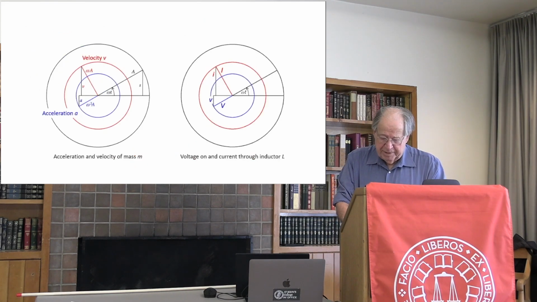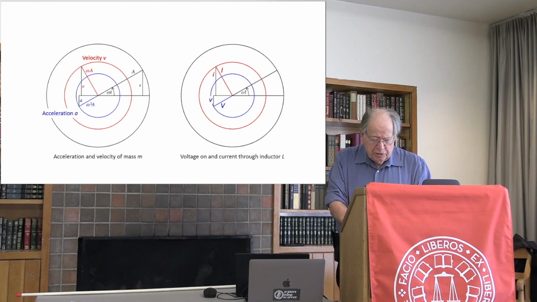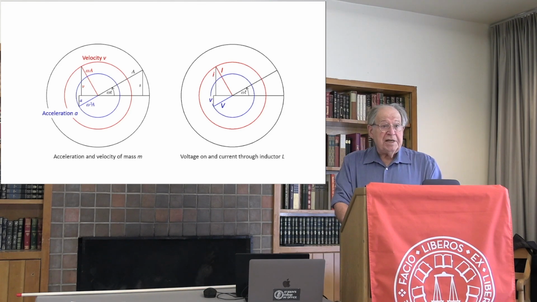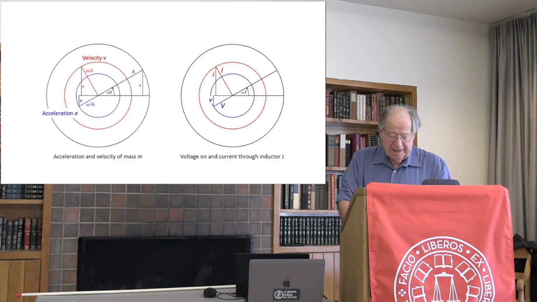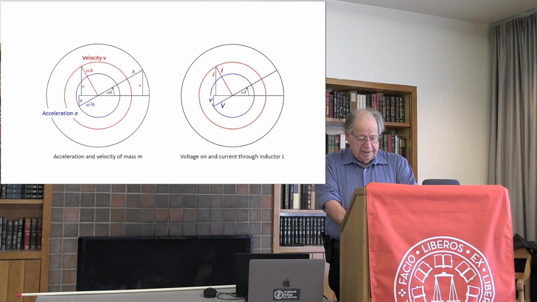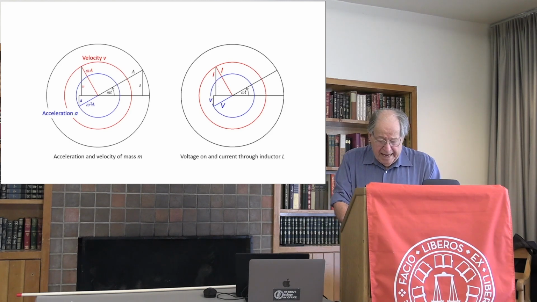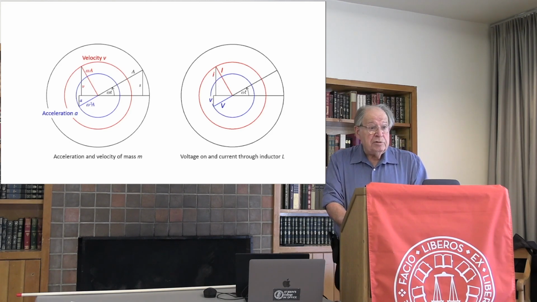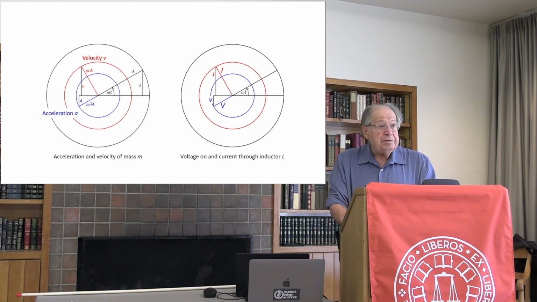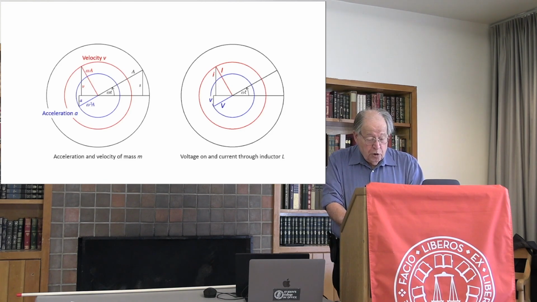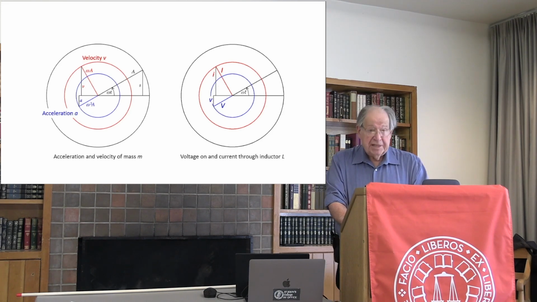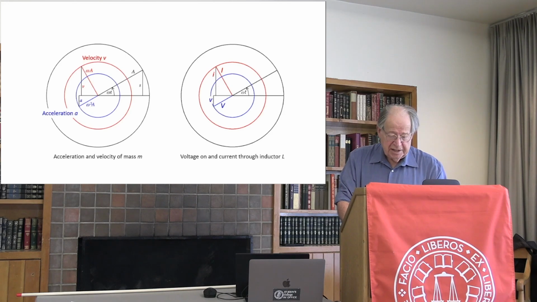The inductor's paradigm circle, then, will incorporate the blue and red radii, which will now represent voltage and current, respectively. And notice that voltage precedes current in the inductor, and therefore, since they do not rise and fall together, they cannot be proportional. Ohm's law cannot hold for the inductor, at least not on the instantaneous level.